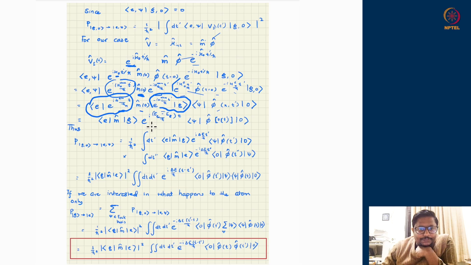So I will have as a pure phase e to the power i times the excited state energy coming from the left minus the ground state energy coming from the right, divided by h bar, times t, and the operator M, which will now get squeezed between E and G. So these exponential operators convert into pure complex numbers, and the states go through them and hit the M. So you see the whole first half of this term is just this exponential of the energy gap divided by h bar times t, and the monopole operator's matrix element, or transition element as it is sometimes called.